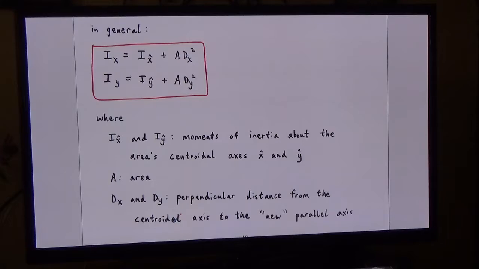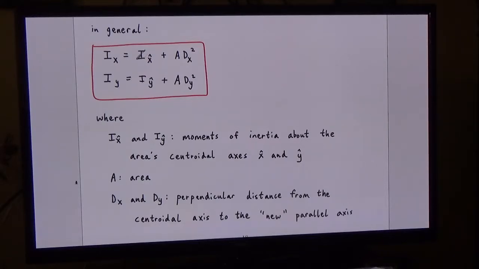So what is the whole purpose of the parallel axis theorem, and why do we have it? Why is it particularly useful? Well, when we use it in combination with composite bodies, it turns out to be extremely useful. Just like with centroids, for areas such as a rectangle, triangle, circle, things like that that are common shapes, the moment of inertia is already calculated for us about the body's centroidal axis.